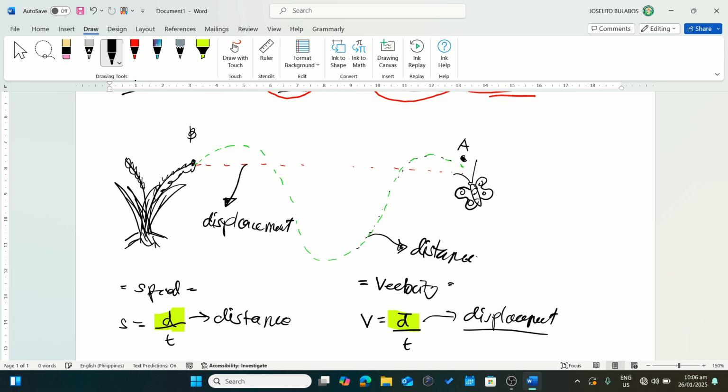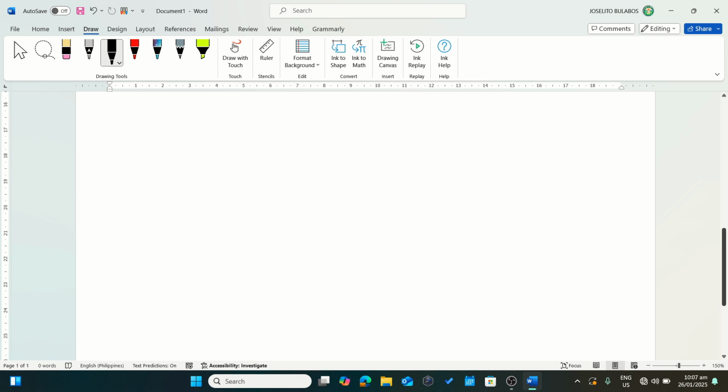Okay, so that's the difference between the two. And we know that displacement is a vector quantity. This means that it needs direction. Now, if we look back here, the direction should be this one. That is the direction. So that is velocity.